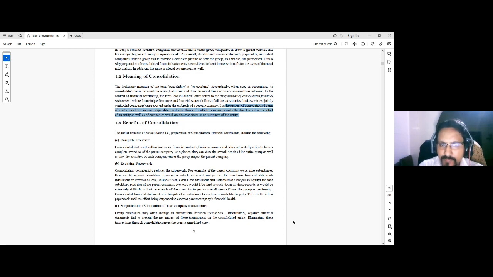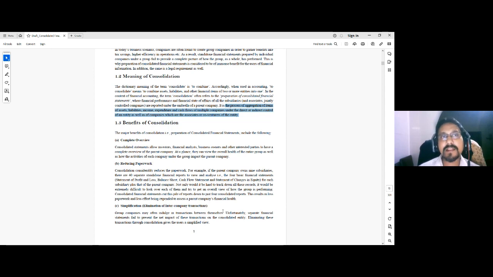So when both of those are recorded, there is a need for elimination of these intercompany transactions, because the transaction for the consolidated entity will appear on 2 sides. Through elimination at the time of consolidation, this elimination is done. So through elimination of these intercompany transactions, consolidation gives us a simplified view.